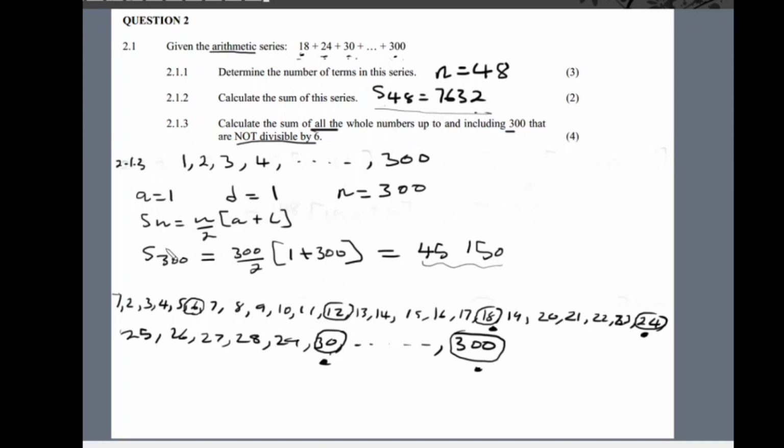So if we have this sum of all the terms up to and including 300 to be 45,150, in this we have those that are divisible by 6. So to answer this question, we need to take this sum and remove the sum of the terms that are divisible by 6.